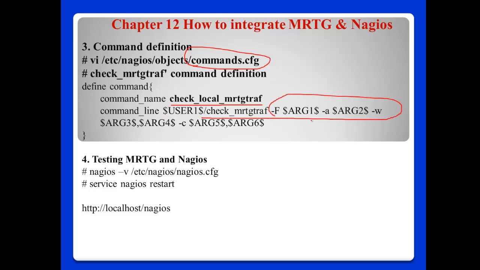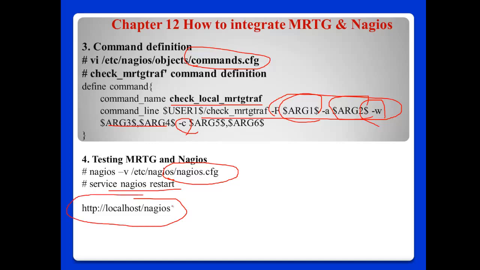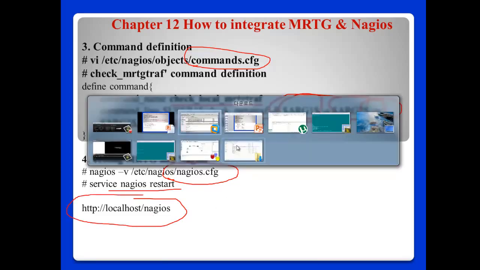First argument will be the log file, second argument will be the average, the third and fourth will be the warning message range, and arguments 5 and 6 will be the range of the critical message. And after that, we have to check this Nagios configuration file, and the Nagios server must be restarted. And here we can check the data.